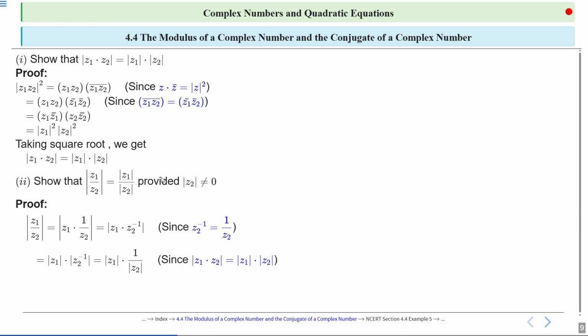This equals modulus of Z1 times modulus of Z2 inverse. This is equal to modulus of Z1 times 1 divided by modulus of Z2, since modulus of Z1 times Z2 equals modulus of Z1 times modulus of Z2. Therefore, modulus of Z1 divided by Z2 equals modulus of Z1 divided by modulus of Z2.